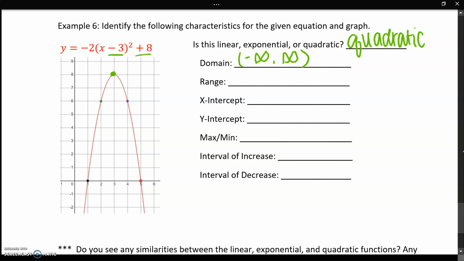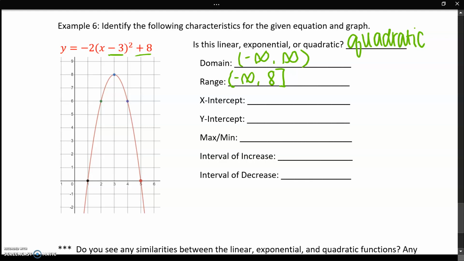My domain is going to be from -infinity to infinity. And my range, again, depends on my vertex and the way that my graph is open. Since my graph is open down, that means that my range is going to be from -infinity, and it's going to stop at 8. But again, I put a bracket around that 8 because my graph actually touches the point.